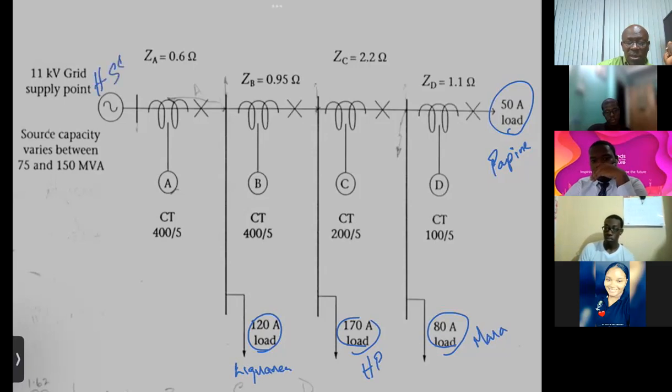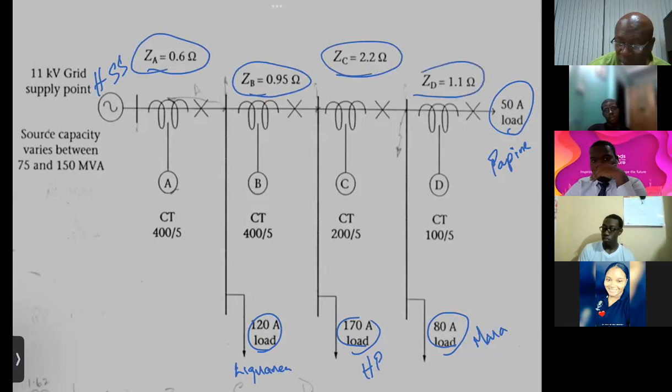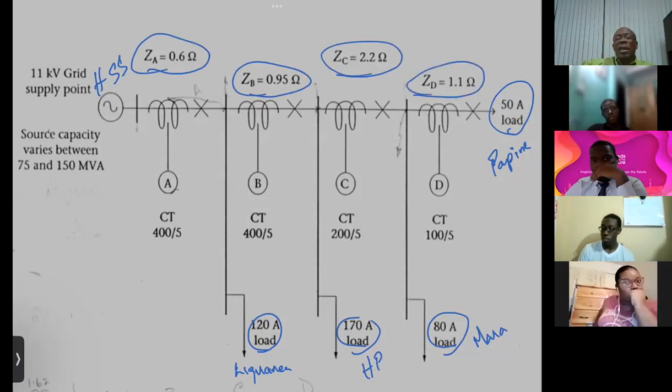So that's Hope substation. These now represent the impedance between each point that I have tapped.